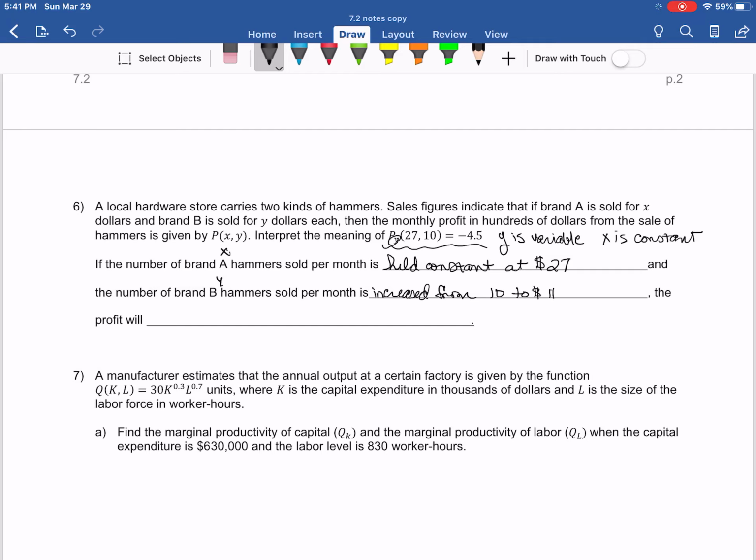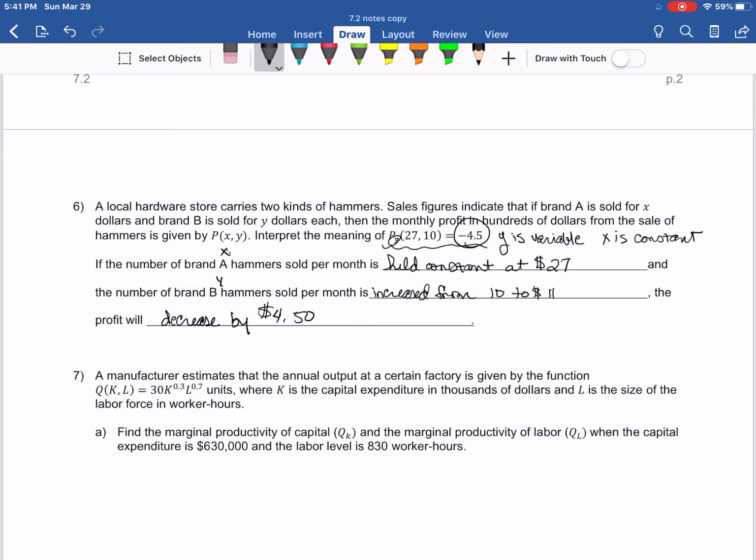We're going to go up by $1. What's happening? The profit will, this time your profit's going down, isn't it? It's going to decrease by how much? By 20, oh, my bad. Hold on. Decrease by $4.50 because my output was negative 4.5. So it's going down because it's negative, and it's going down by that quantity.